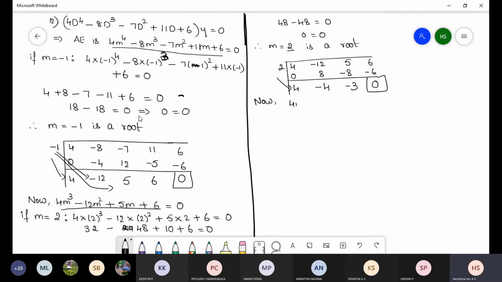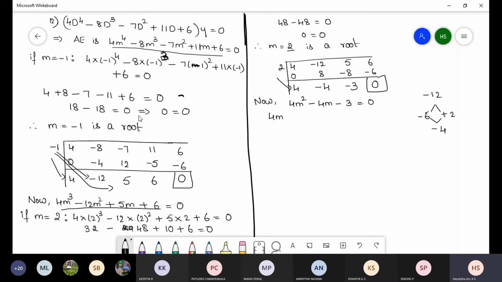So now here we can write 4m square minus 4m minus 3 is equal to 0. Factors of minus 12, here minus 4. When you multiply, you have to get minus 12. When you add or subtract, you should get minus 4. So here I write minus 6, here plus 2.